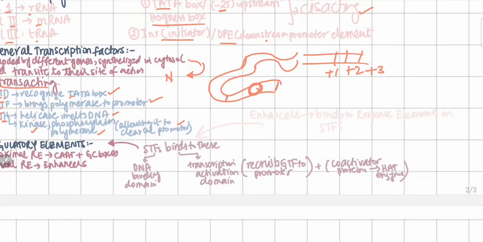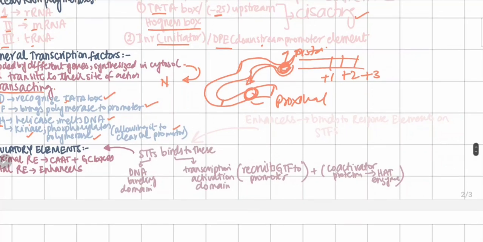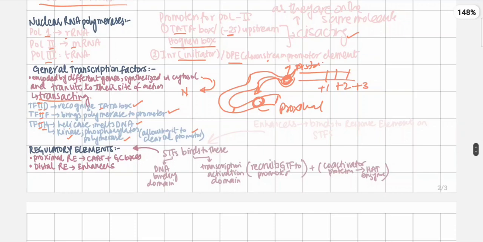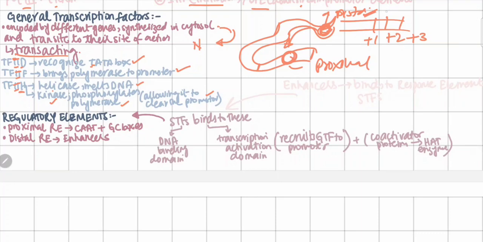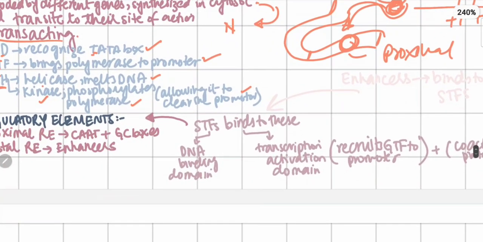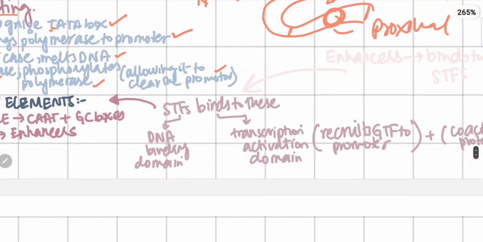Things that are near to the transcription region are called proximal, and this bending region right here, see how far this is, this region is distal. This is going to activate or enhance or mediate or inhibit it, right? That is how regulation is done. So mostly distal regulatory elements are enhancers, and for proximal, the examples are CAT and GC boxes.